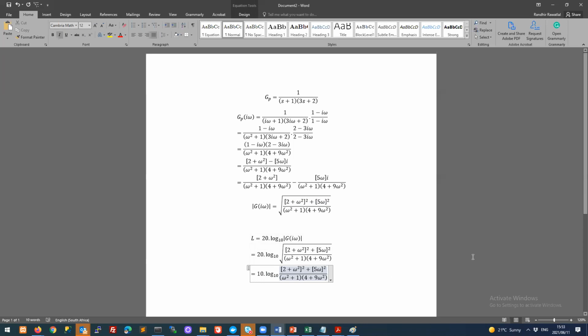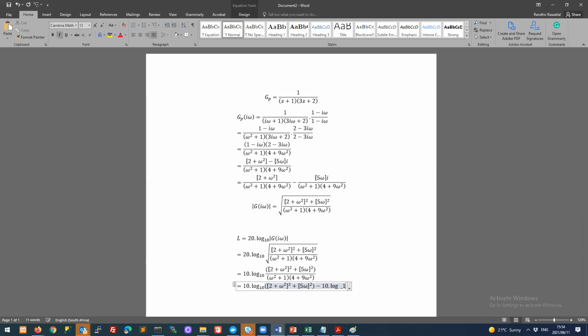And then we want to separate this further now. We can't do anything about this thing in the numerator unless we factorize it. So we keep that as one factor, and then we can separate the numerator and denominator, like so. So take the numerator out here. And then you say minus 10 log 10, and then the denominator here.